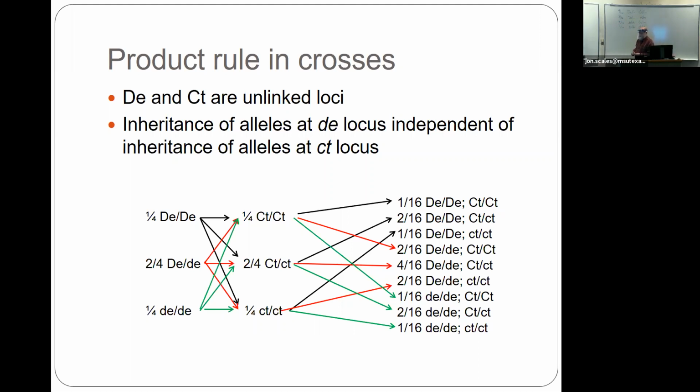What's the probability of being a double homozygous wild type, or dominant? Wild type is the dominant version. What is the probability of being a double homozygous wild type?